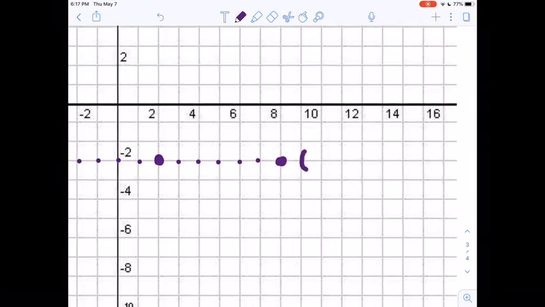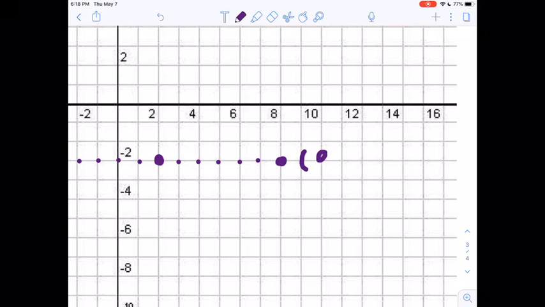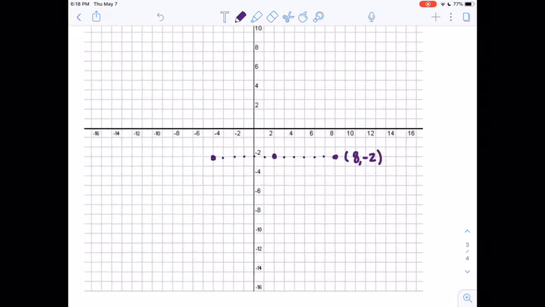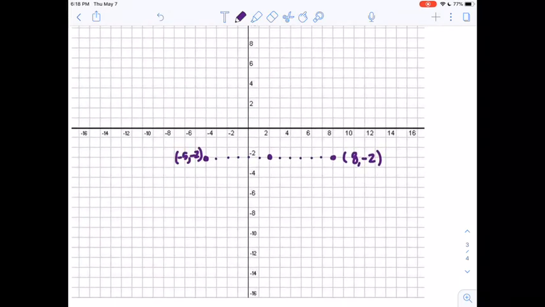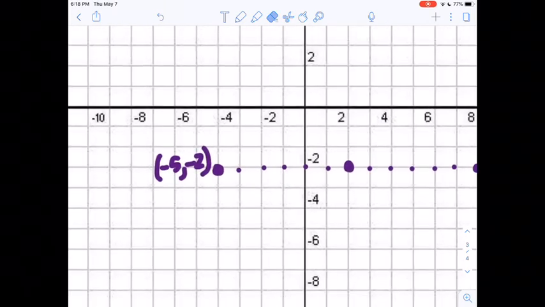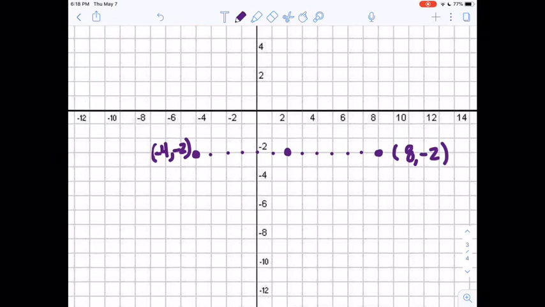This point is at 8, negative 2. Oh, I'm sorry, this is at negative 4. See, I hate that these numbers are offset. I'm sorry about that. So this is at negative 4.